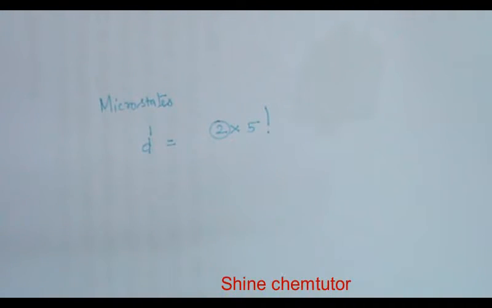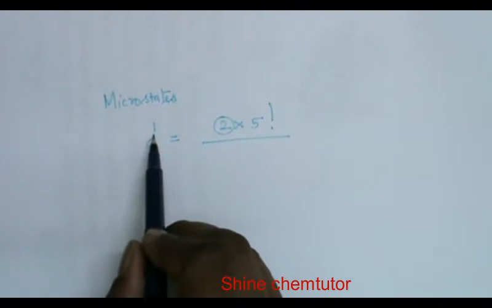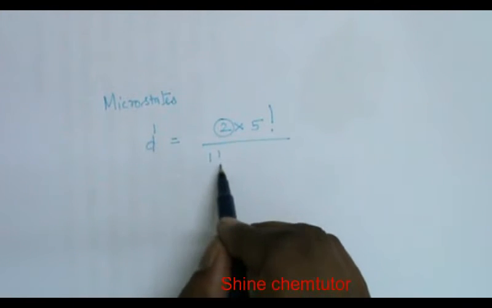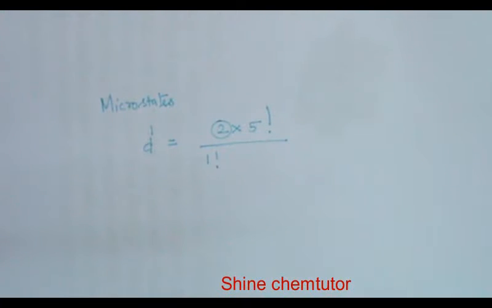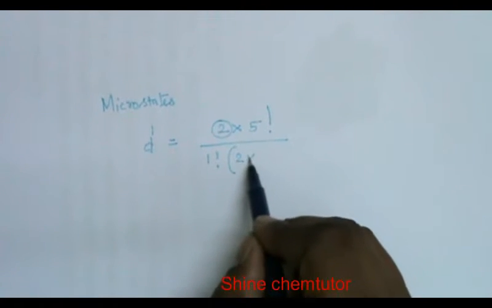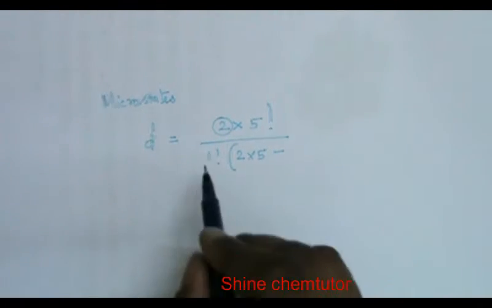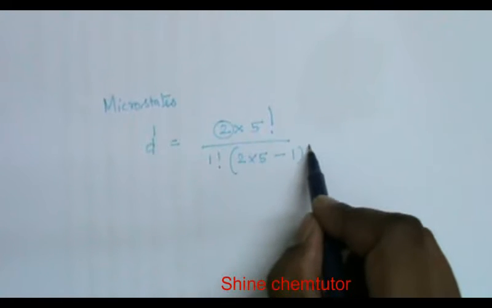So here factorial divided by how many electrons are there in the d orbital. I have gone for D1 system, so I have only 1 electron. Further, 2 into 5, the same, minus how many electrons are there, that much factorial.